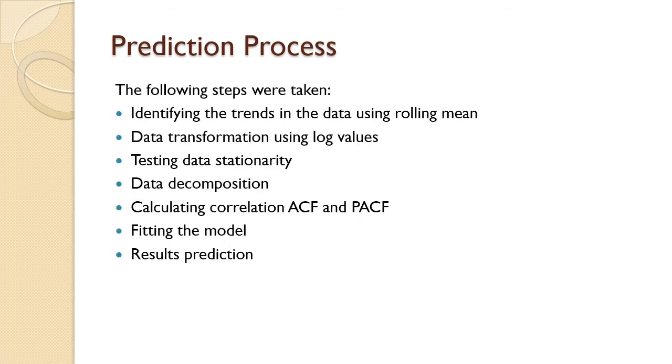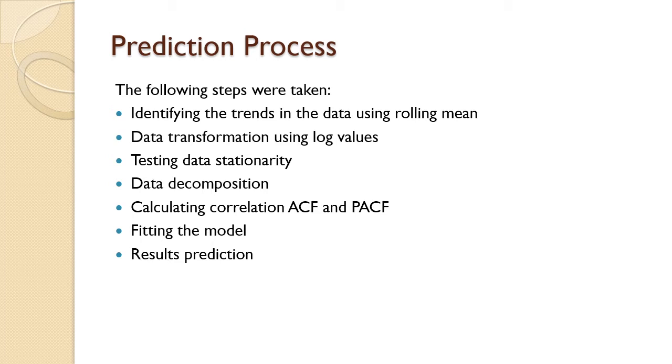The following steps were taken during this prediction process. First, we identify the trends in data using the rolling mean. Then the data transformation was done using log values. Then testing the data for stationarity was done. Then the data decomposition was done. Then calculating the correlation, ACF and PACF, was done. The ACF stands for autocorrelation function, while PACF stands for partial autocorrelation function.